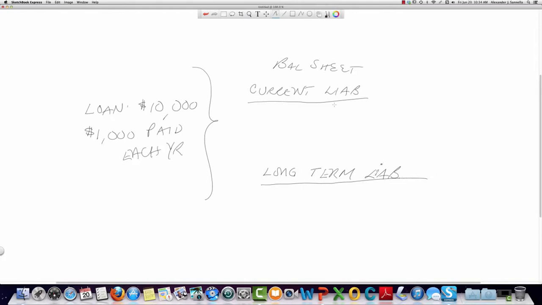In other words, that debt must be reflected as being due within 1 year or due in a period greater than 1 year. So if I had to, I could have note or loan payable. If I had to prepare a balance sheet at the end of this year, only $9,000 is long term, because part of that note is due next year, or operating cycle, whichever is longer, but in this case it's going to be each year.